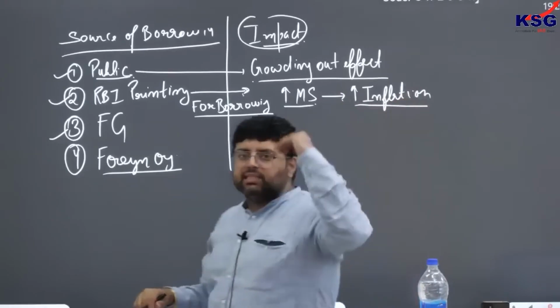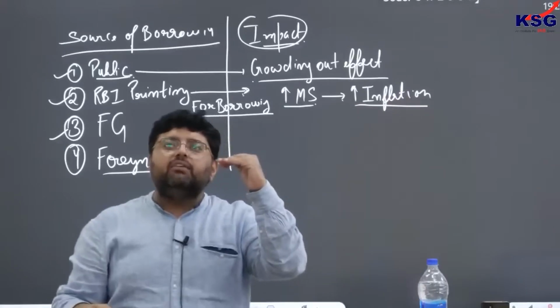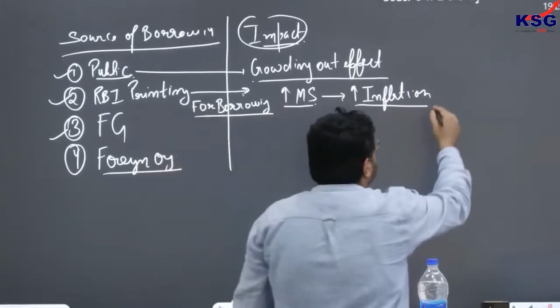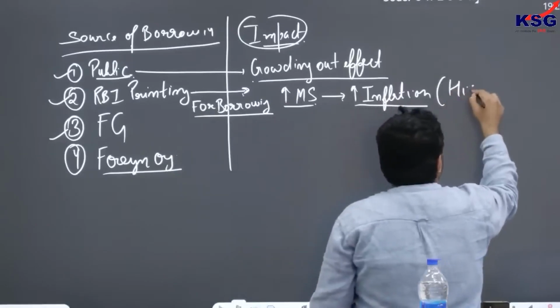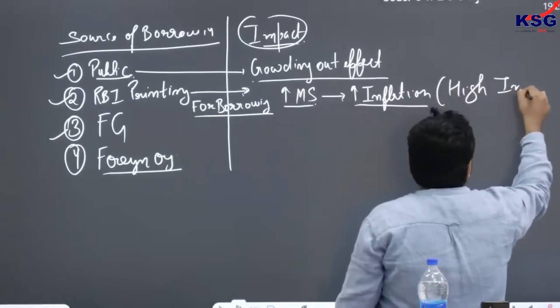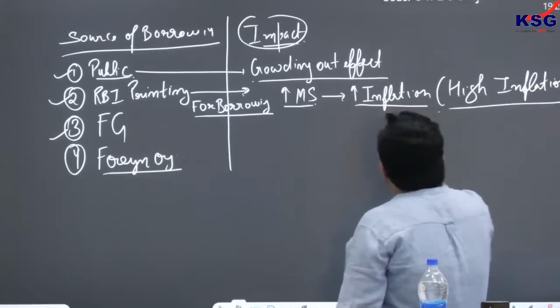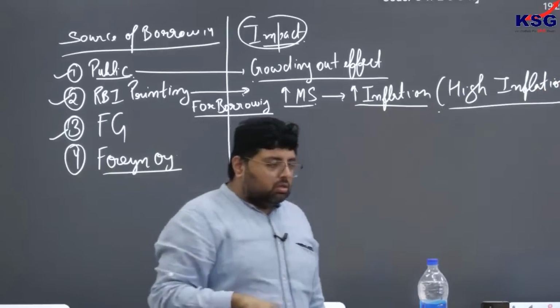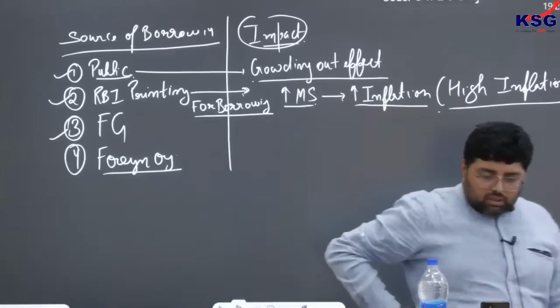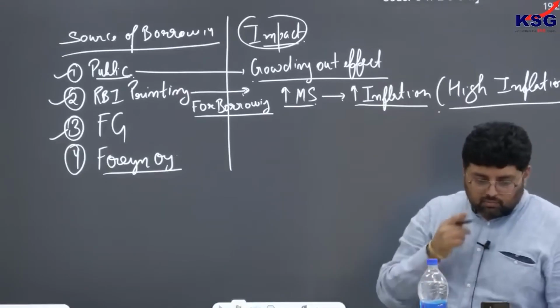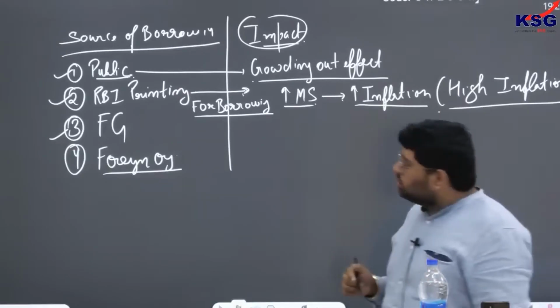Inflation also has stages: mild inflation or high inflation. Definitely it will lead to high inflation, and high inflation has consequences. Clear? So this is what you have to understand.